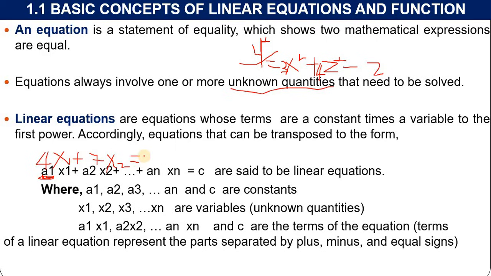If an equation satisfies this, we call it a linear equation. So in the beginning, what are a1, a2, a3? They are constant numbers, for example 4, 7 and 2, which we call constants in this equation.